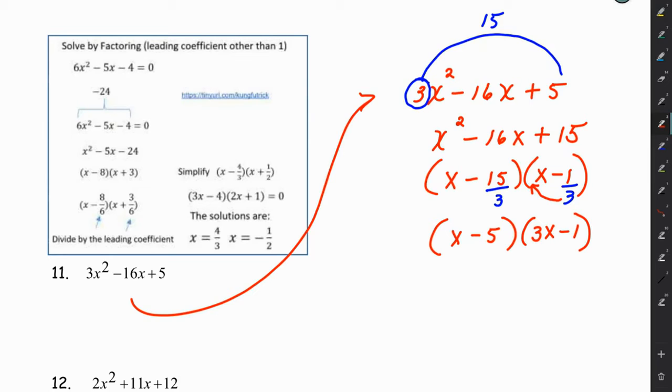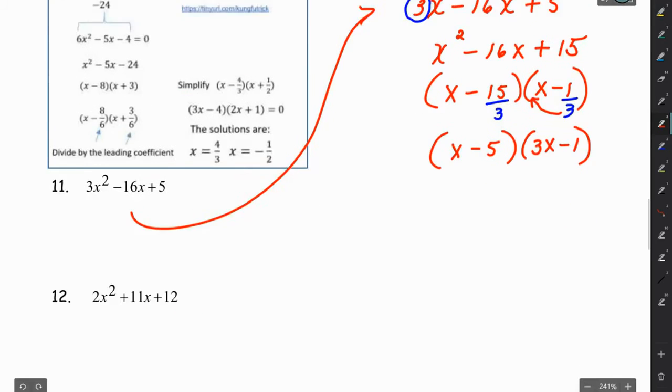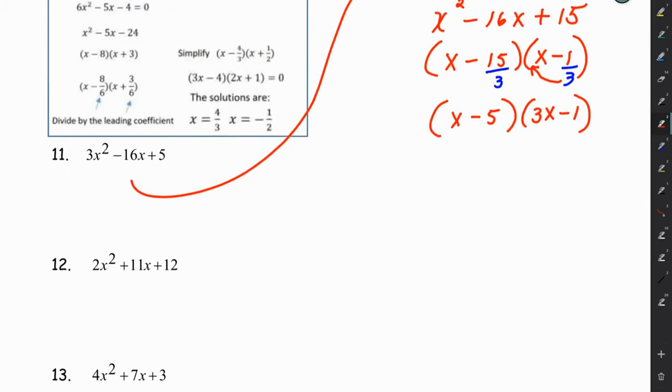Now, those are the factors. If we were asked to solve, then we would keep going and we would say that x is 5 and x is equal to 1/3. But for now, we're just practicing factoring, getting the factors. All right, again, I would suggest at this point you pause the video and then come back and see how you did with the rest of the problems on this page.